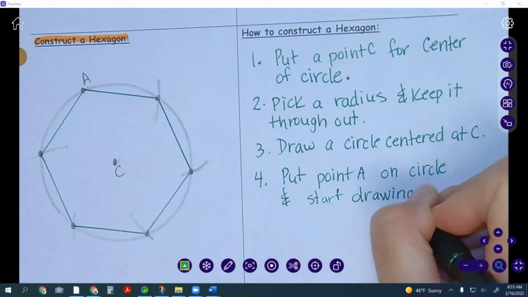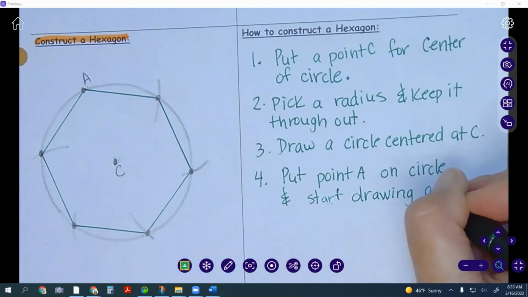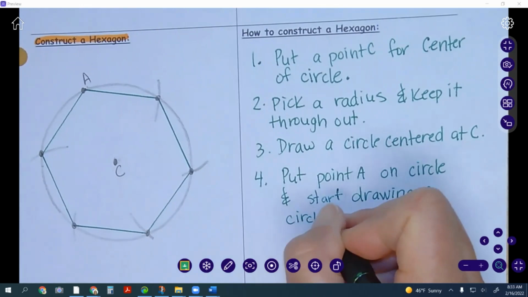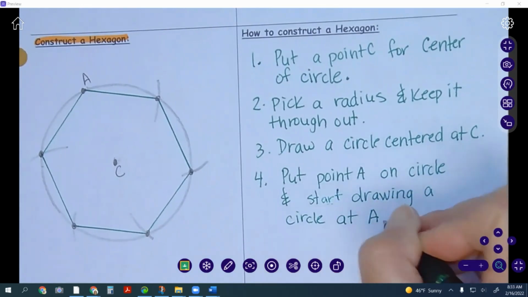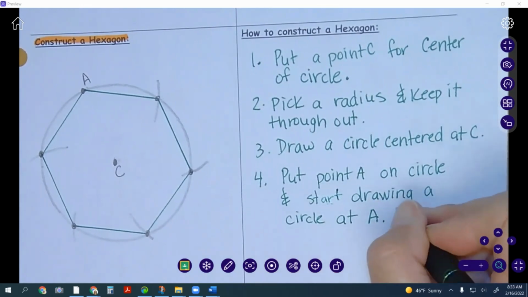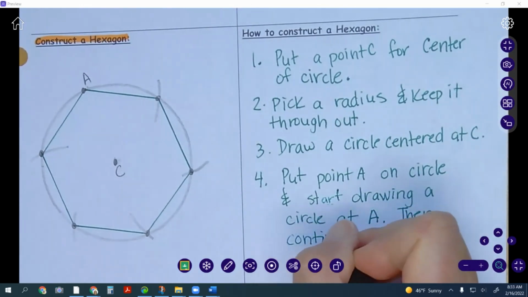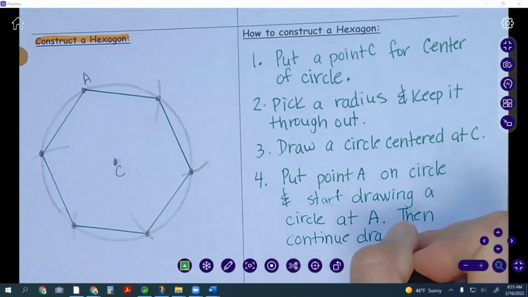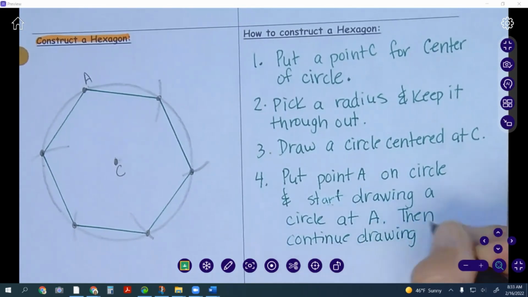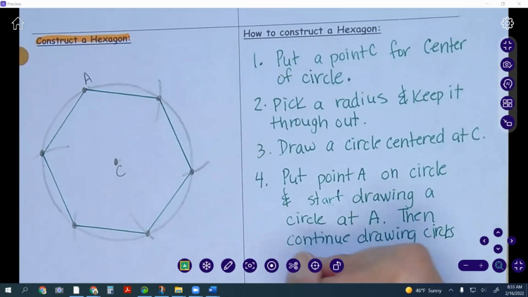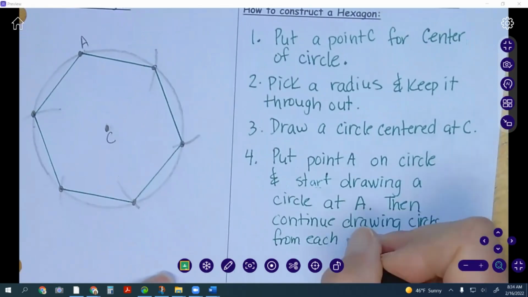Start drawing a circle at A, then continue drawing circles from each new mark.